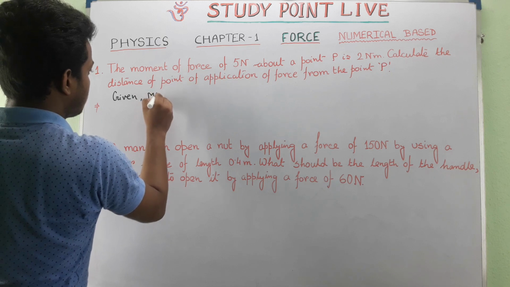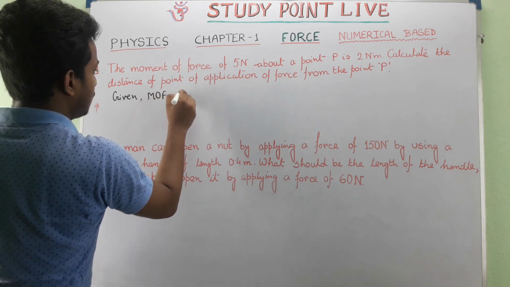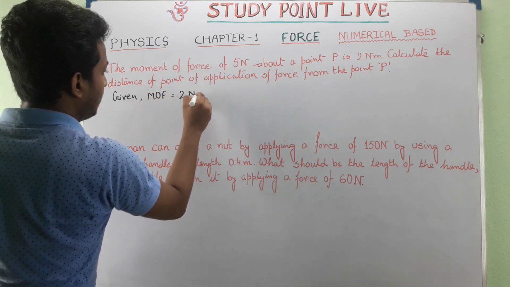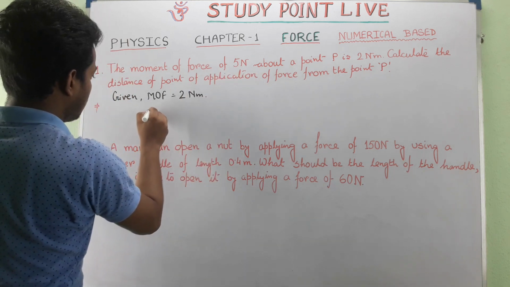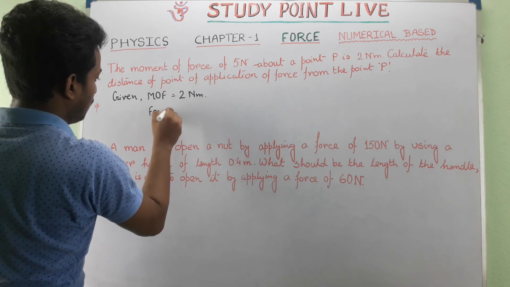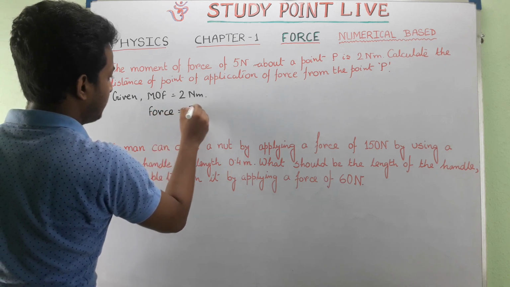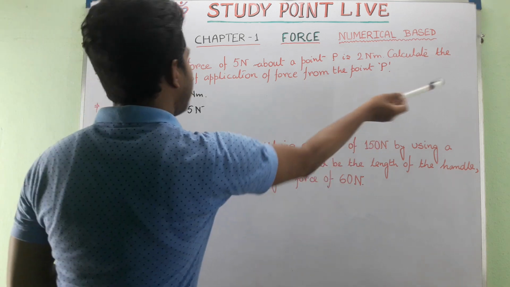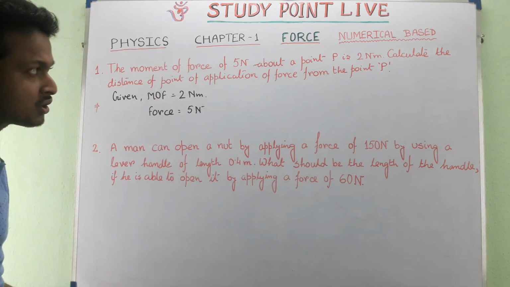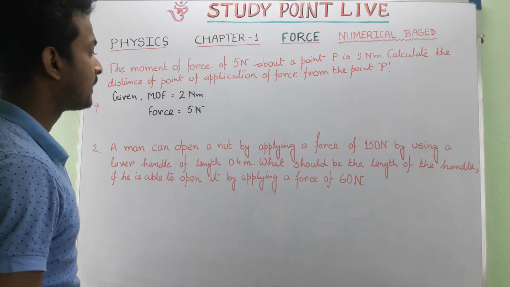The moment of force is 2 Newton meter, and the force is 5 Newton. These two things are given. Now what we have to calculate? Calculate the distance of the point of application of force from the point P.